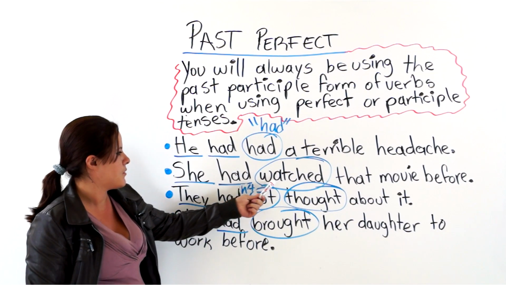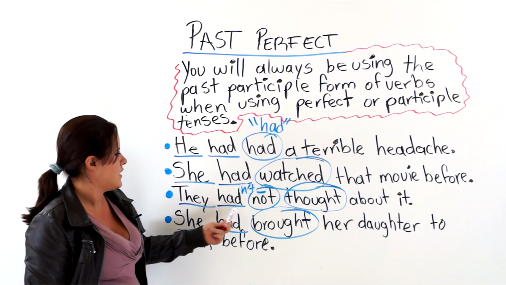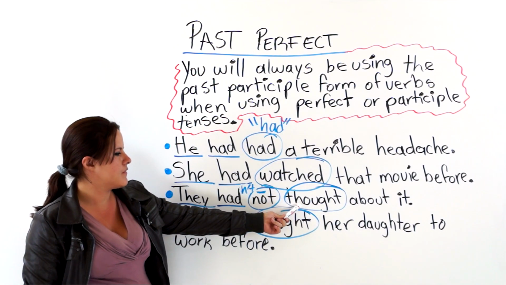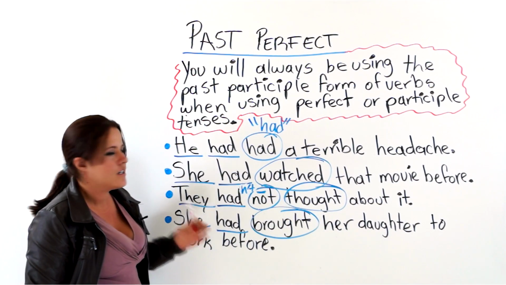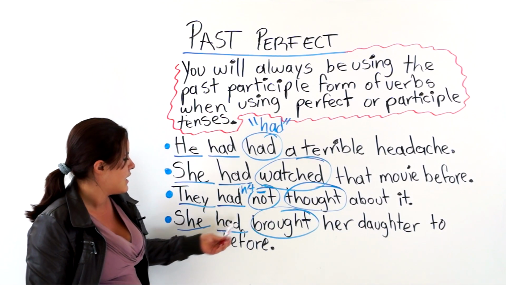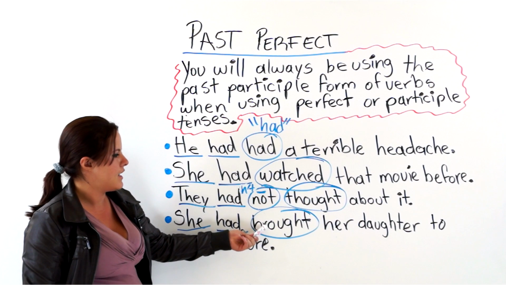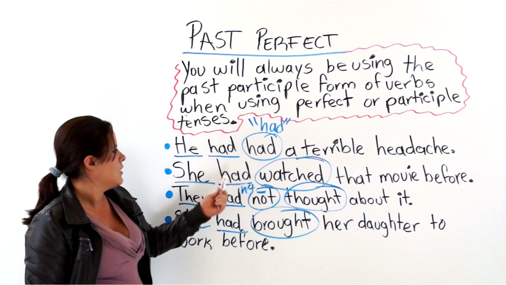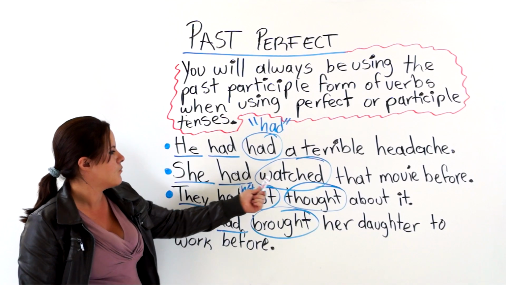Subject, had, past participle of verb. Subject, had, negative, past participle of the verb. You could also include a negative after had. For example, she had not brought, or he had not had, or she had not watched.